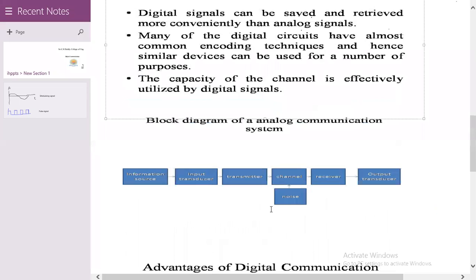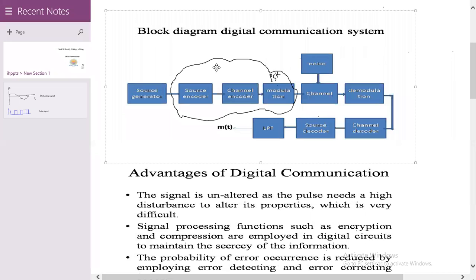So here we can observe the digital communication system block diagram. The source generator is common for the analog communication system and the digital communication system, but in the digital communication system the next block is the source encoder. The source encoder is one of the important blocks. It converts the message signal in electrical form into a digital signal.